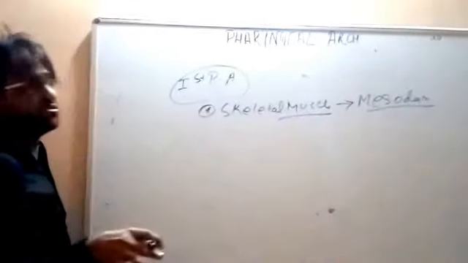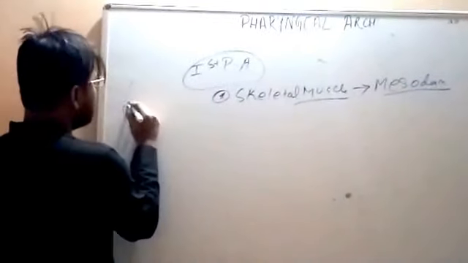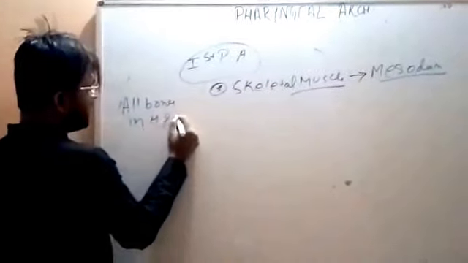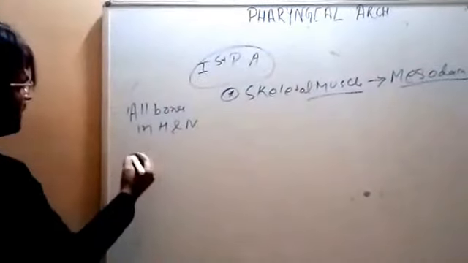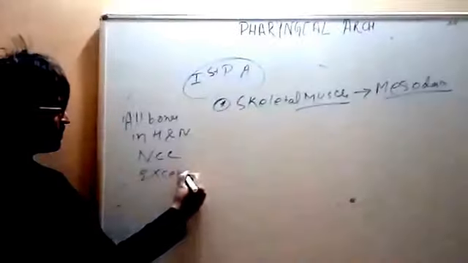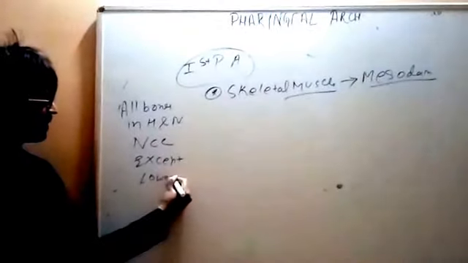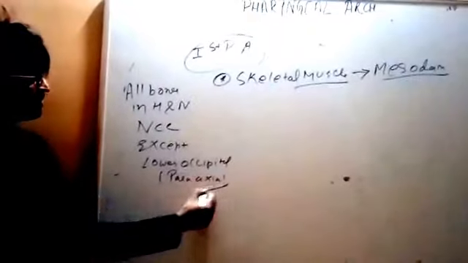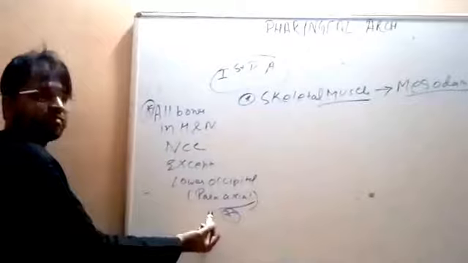And all the bones in head and neck region, all bones in head and neck are by NCC, except there is one exception, lower occipital, which is pharyngeal. This you should know. All bones in head and neck are from neural crest except lower occipital, which is pharyngeal.